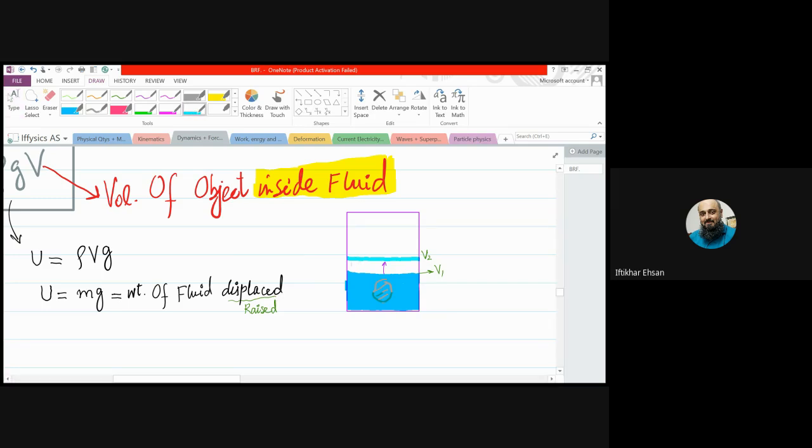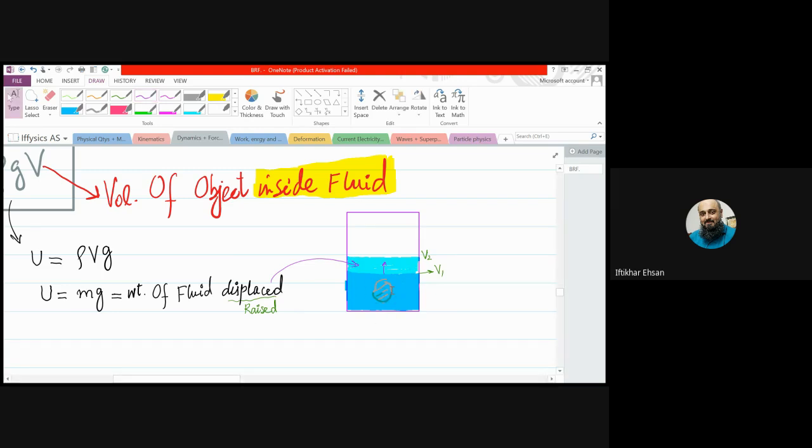Means mg is the weight of this fluid which I am highlighting in lighter blue. Let's say this much water was displaced. So mg is the weight of that liquid. How much the liquid will rise depends on the volume.